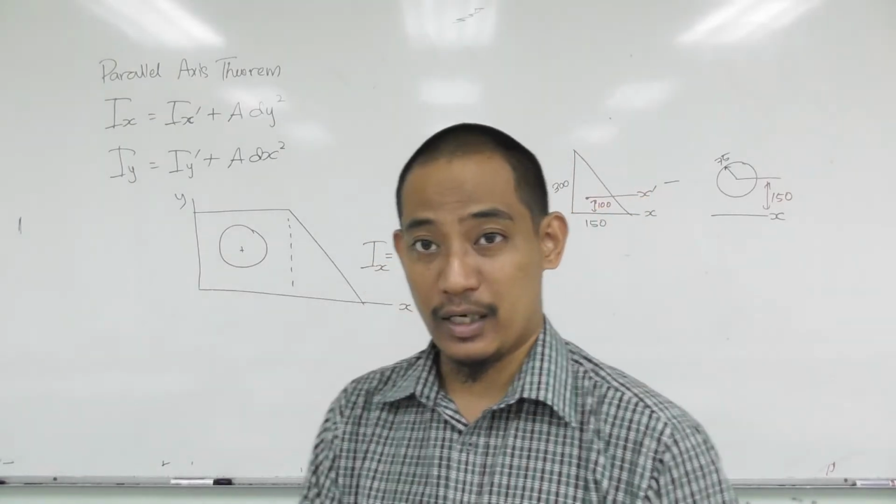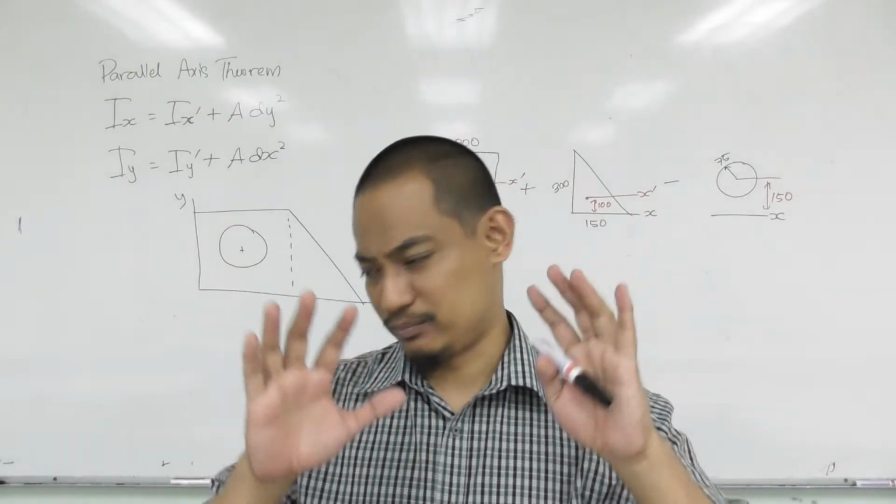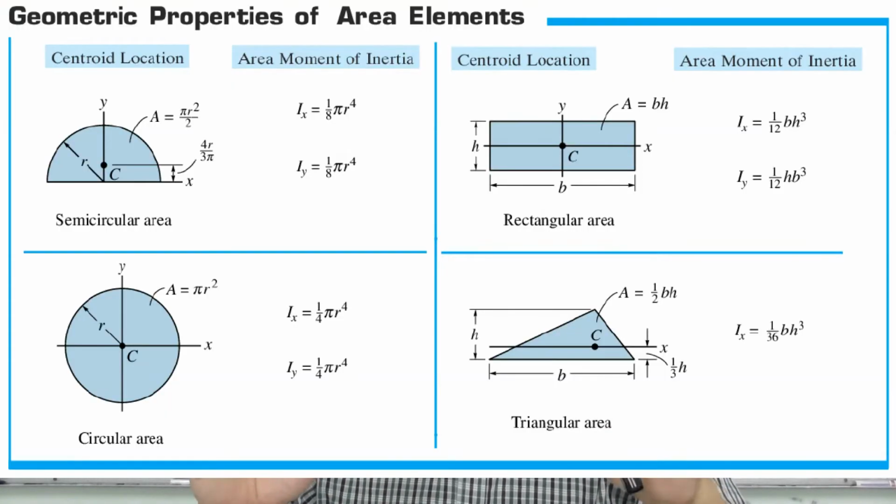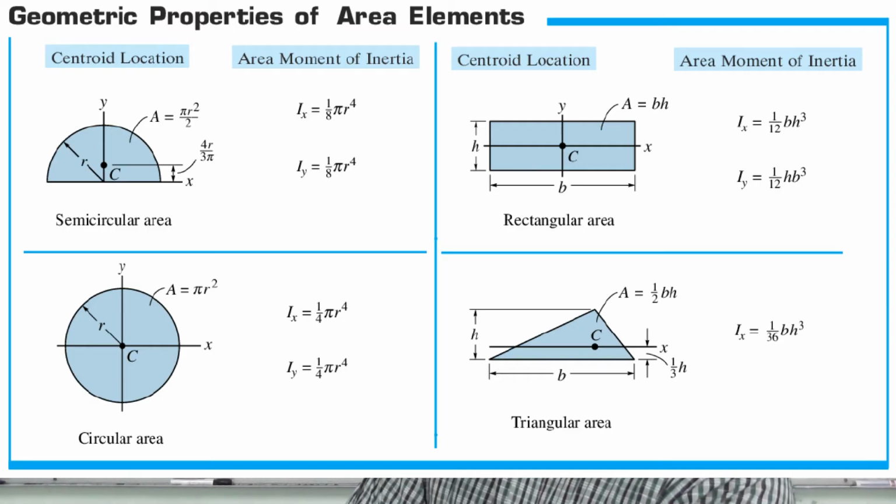So hopefully I'll put it here right now. And if you can see, for rectangle, just see the table. For rectangle it is 1/12 bh cube, right? This question is about the x-axis.